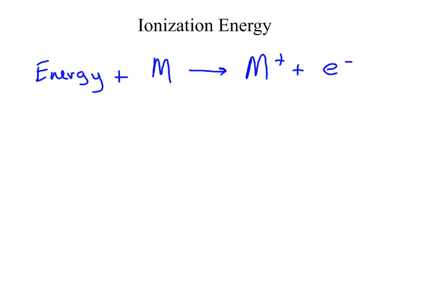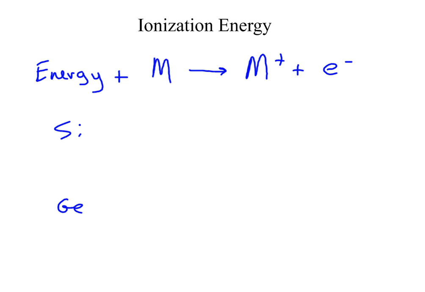The second term we'll look at is ionization energy. Now, ionization energy is defined as the energy required to remove the most loosely held electron. It can be represented by this equation here. If we take our same silicon element and we'll go to germanium.